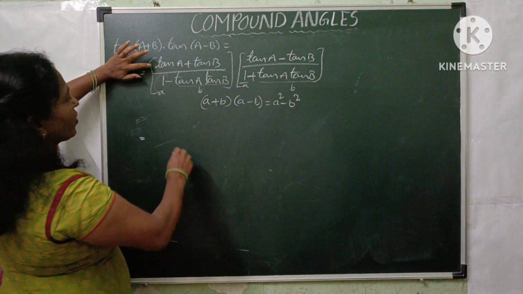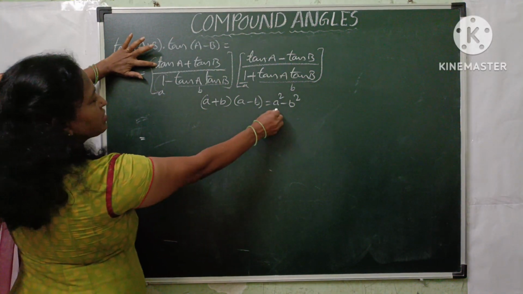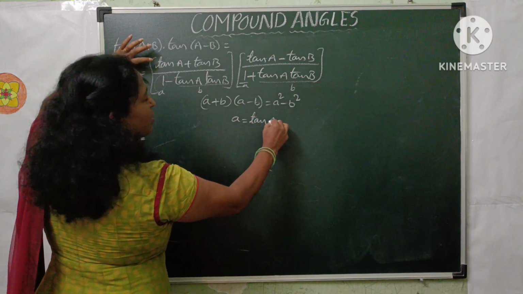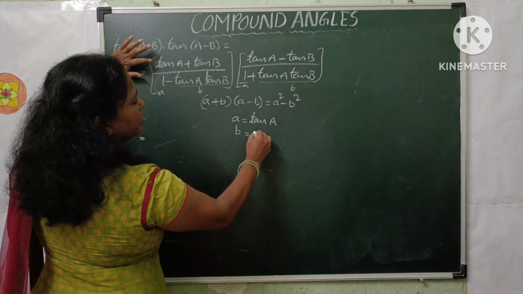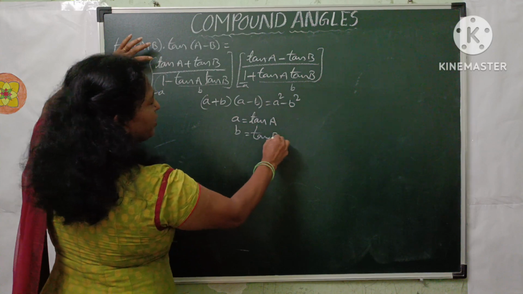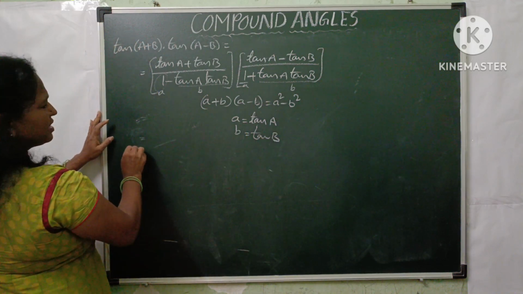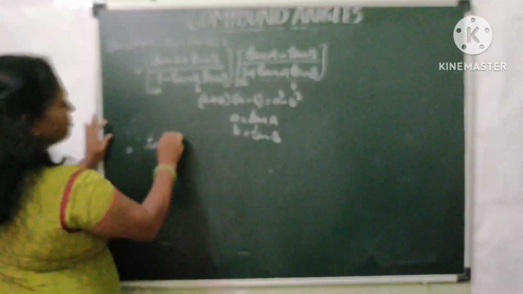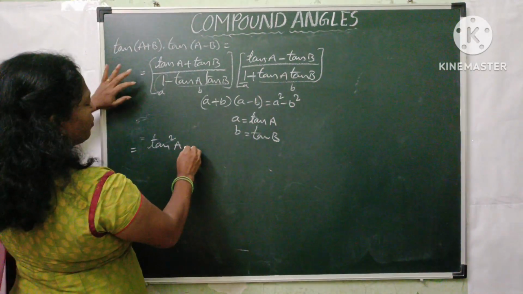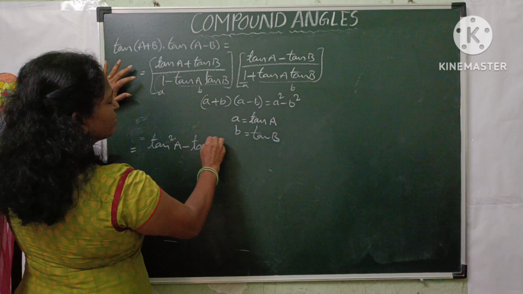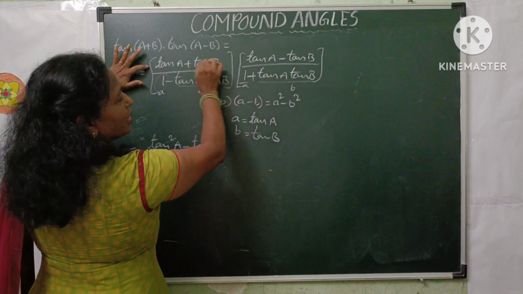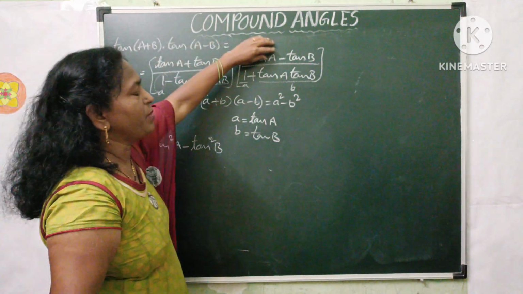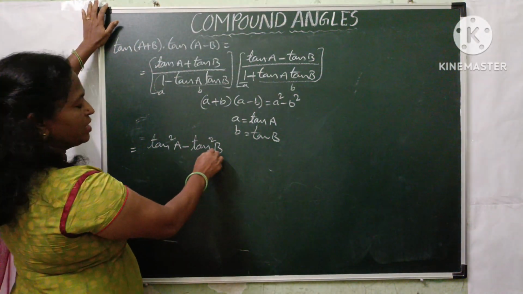Next, here a equal to tan a, and simply I am writing b equal to tan b. So a square minus b square means tan square a minus tan square b, the numerator part. Compare the numerator part separately: (a+b) into (a-b) means tan square a minus tan square b.